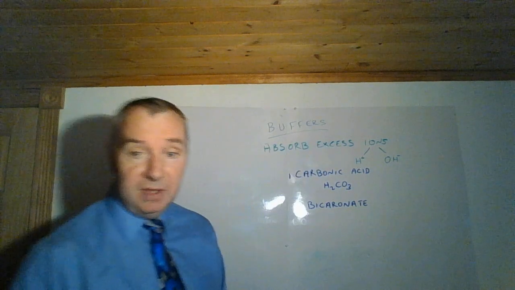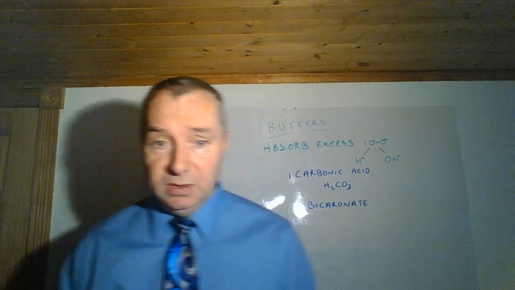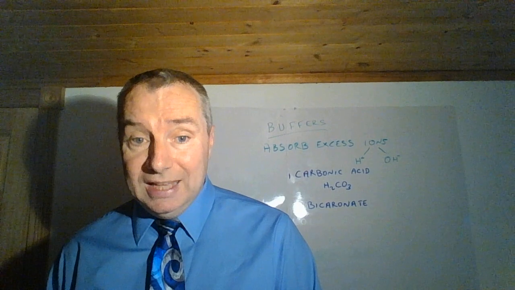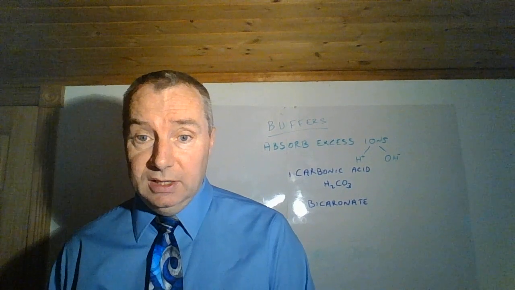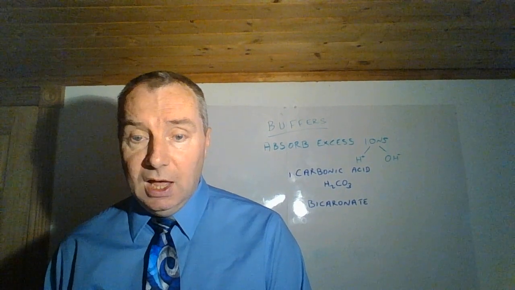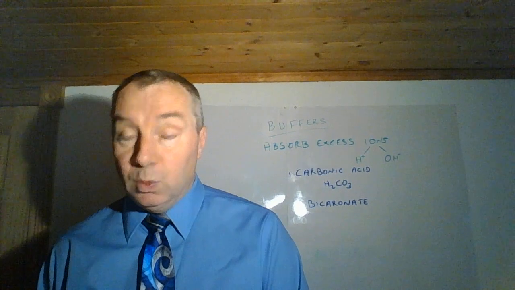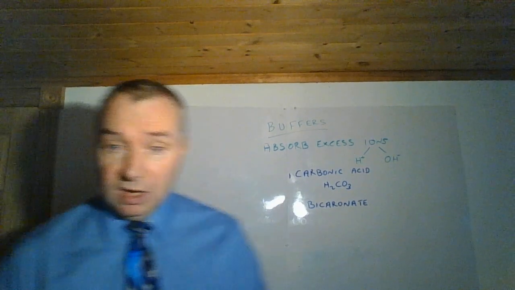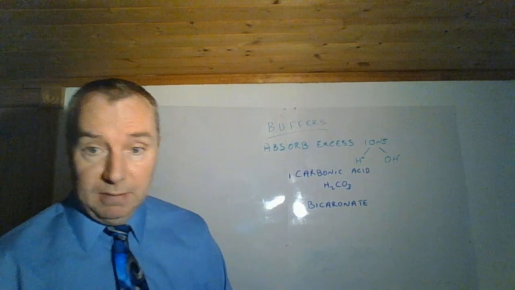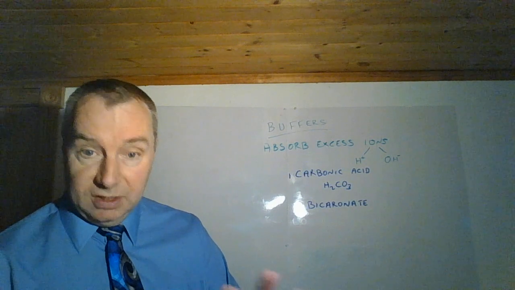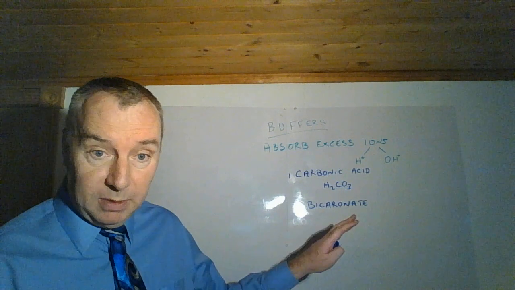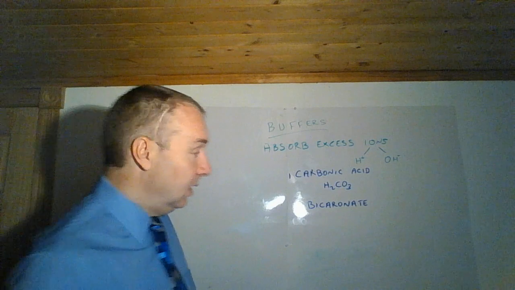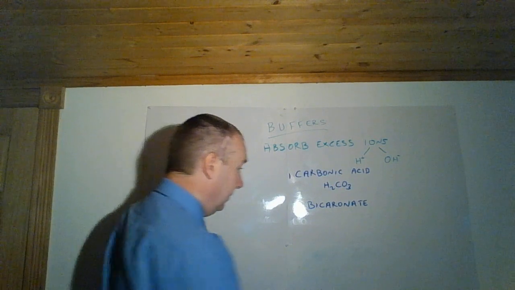And if you remember from the experiment about the unknowns, baking soda, that is bicarbonate of soda. It's sodium bicarbonate, and it works pretty much as a buffer, because the sodium bicarbonate dissociates, and you end up with this bicarbonate ion. And we'll talk about that in a little bit.